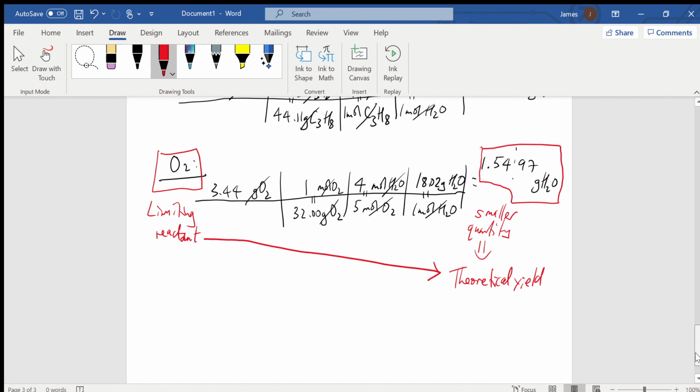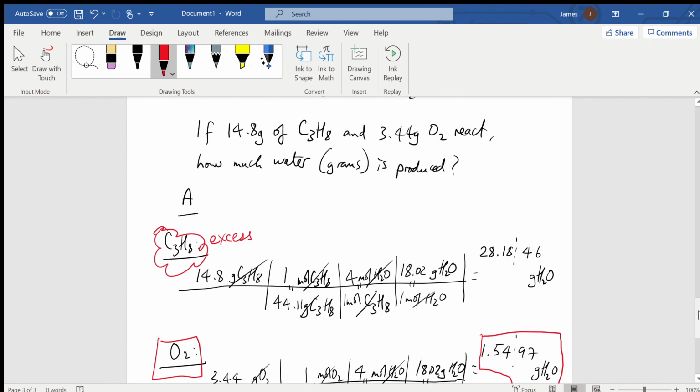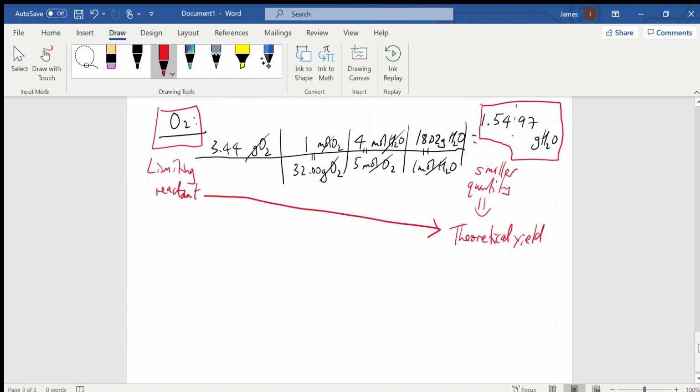So I know that that propane has excess. So this is my excess reactant.